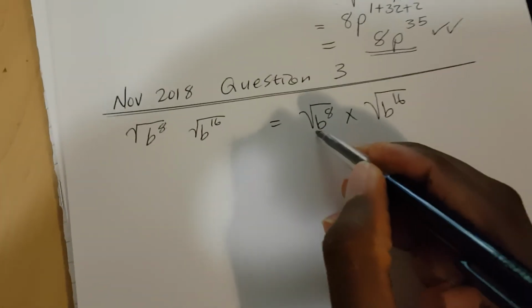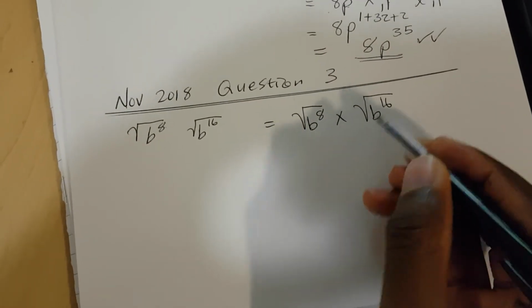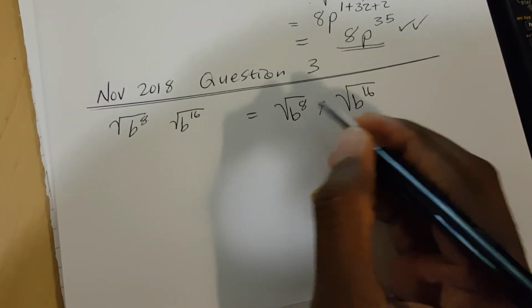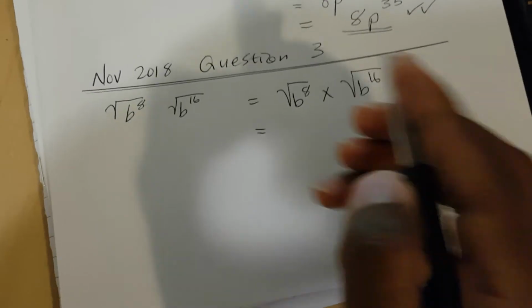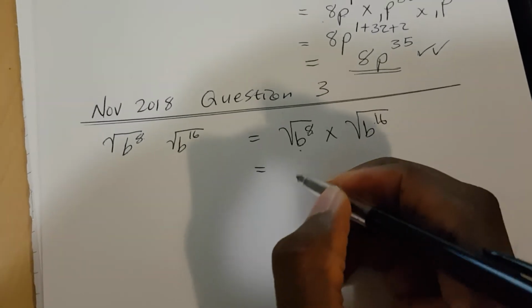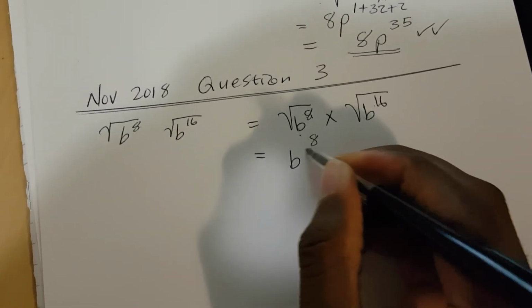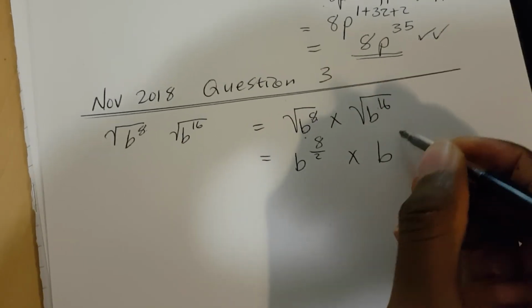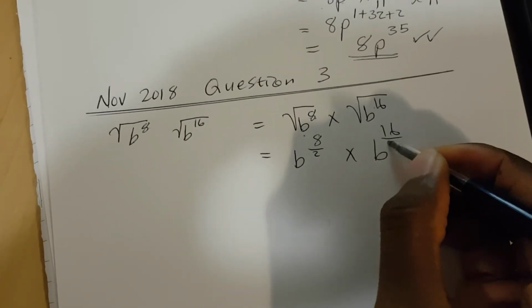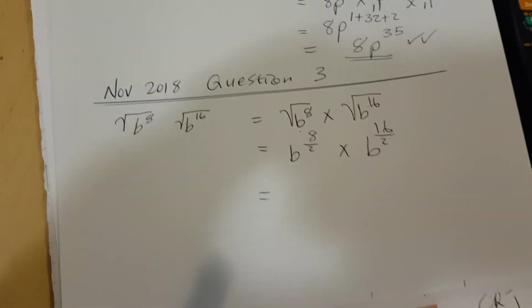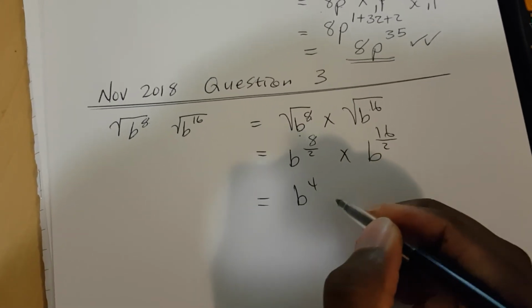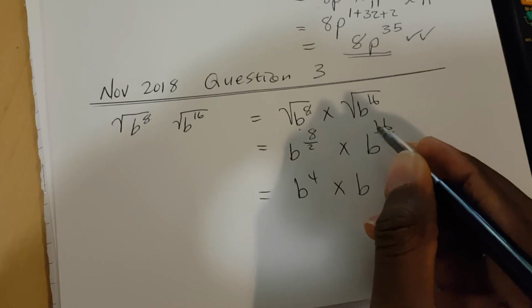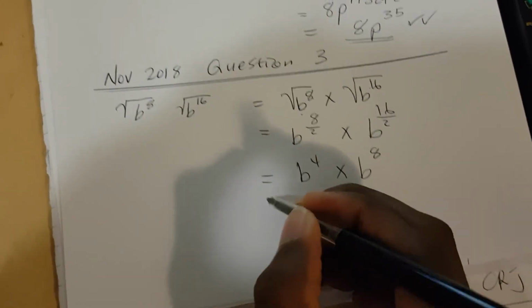To find the square root of a term, remember we always divide the exponents by 2. Don't ever ask what is the square root of 8 or the square root of 16. For the term, you divide the exponents by 2. So it's b to the power of 8 divided by 2 times b to the power of 16 divided by 2. 8 divided by 2 gives b to the power of 4, times b to the power of 16 divided by 2, which is 8.